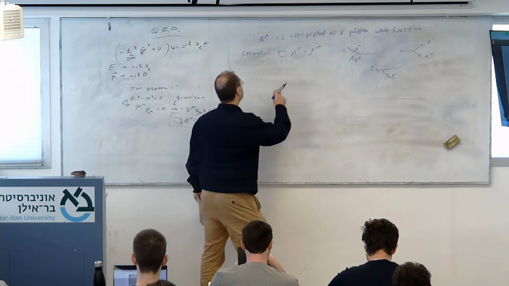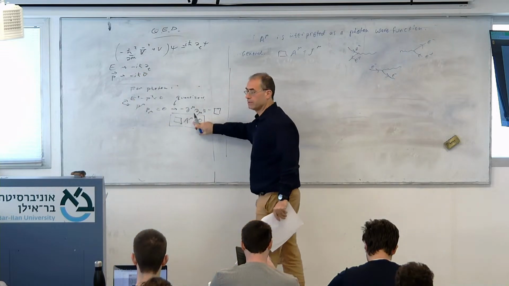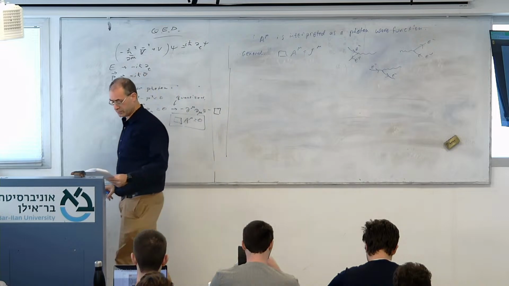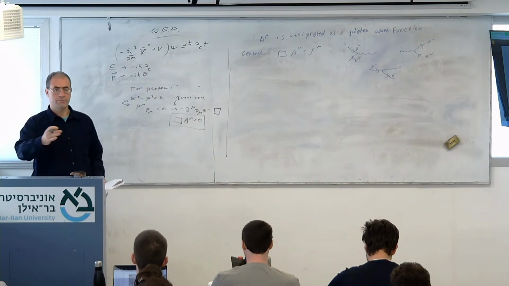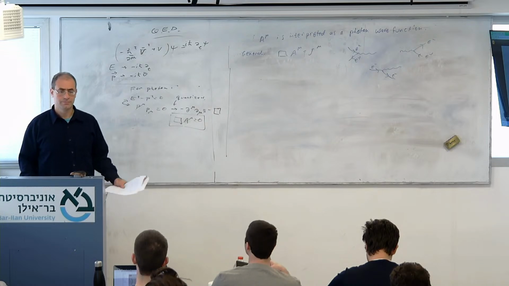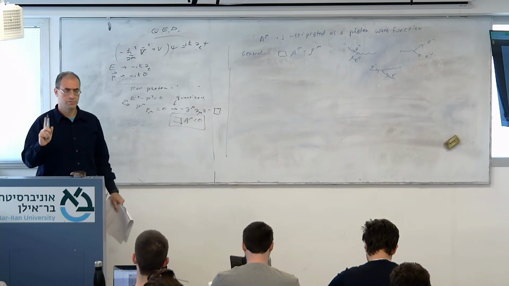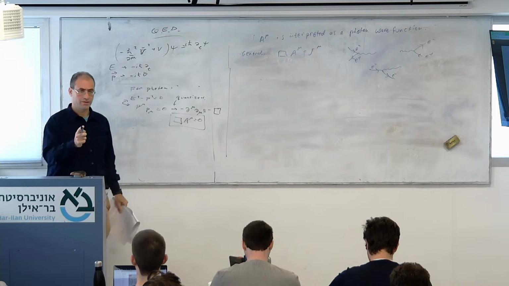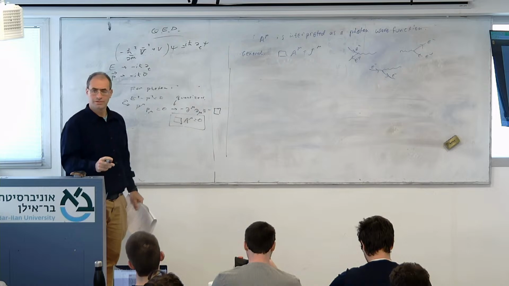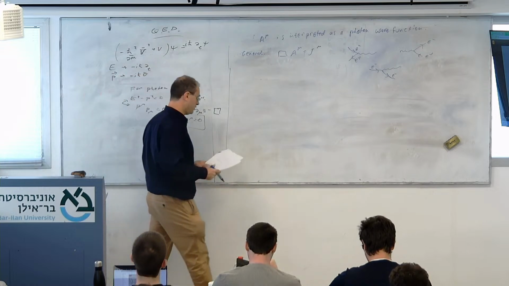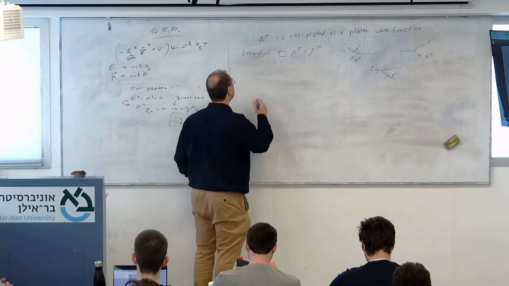So A mu represents a photon, and A mu is what type of quantity? A vector. It's a vector. So we said that the photon is a vectorial particle.